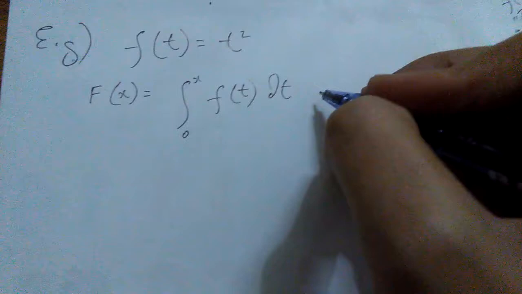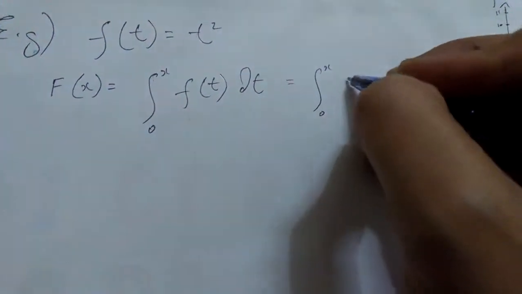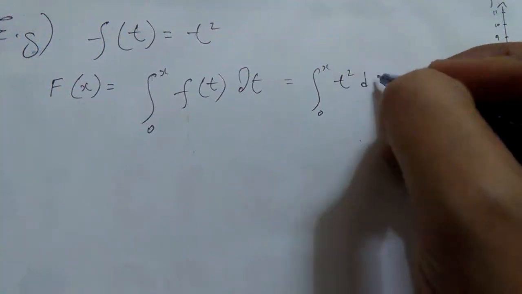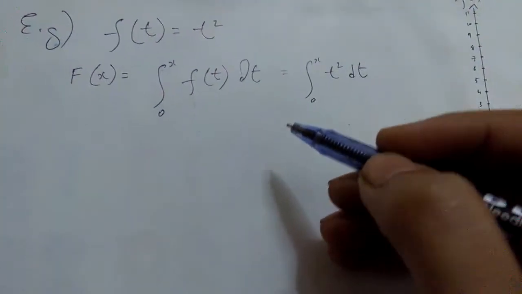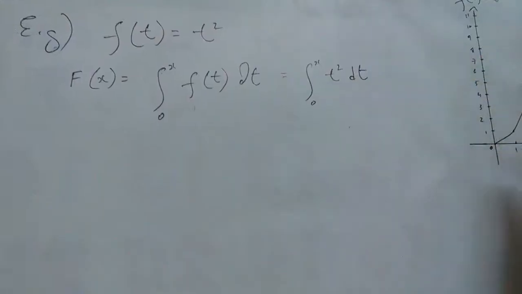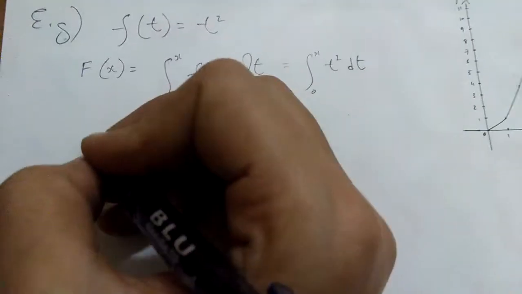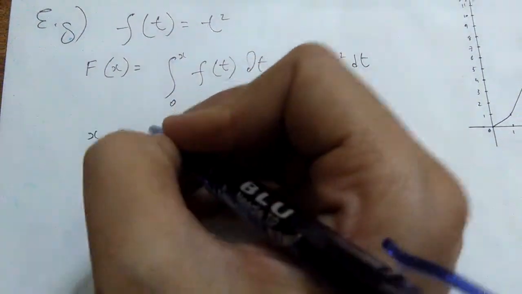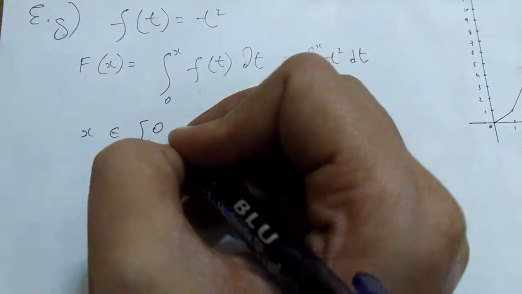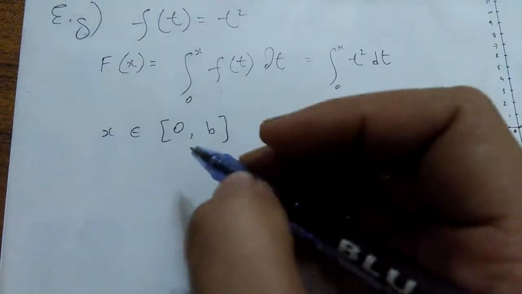So you can say that it is the integral from 0 to x of t squared dt. Now what is going to be the value of exact b? We have no concern with it. We just say that x belongs to this closed interval 0 to b, and b is any number. We have no concern with it.